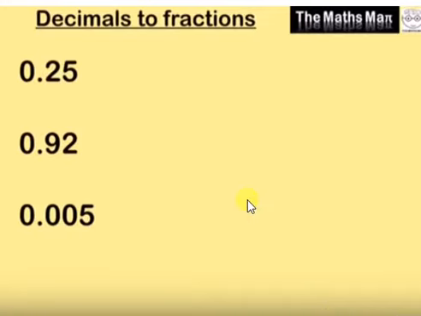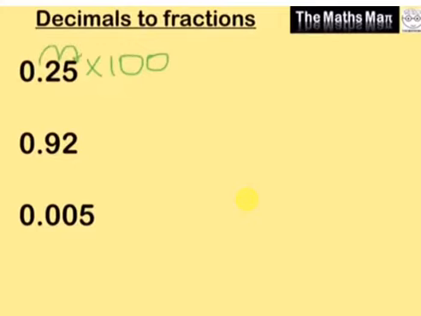Decimals to fractions. That is simply going to be written 25 over 100, because when you divide 25 by 100, you will go back to getting 0.25.